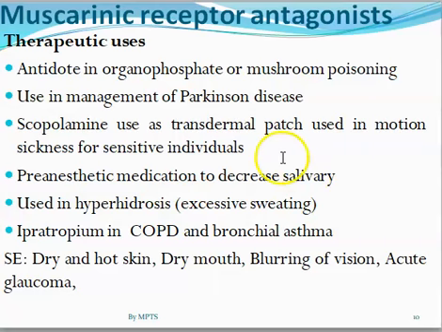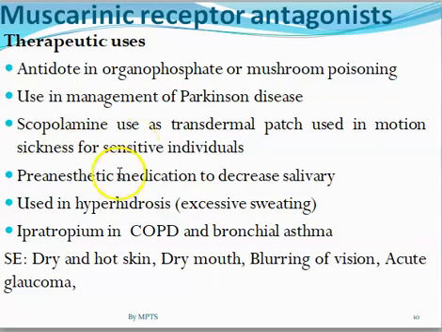Which are the therapeutic uses? Of course, as I said above, atropine is an antidote in organophosphate or mushroom poisoning. Trihexyphenidyl is used in the management of Parkinson's disease. Scopolamine is a transdermal patch used to control motion sickness in sensitive individuals.